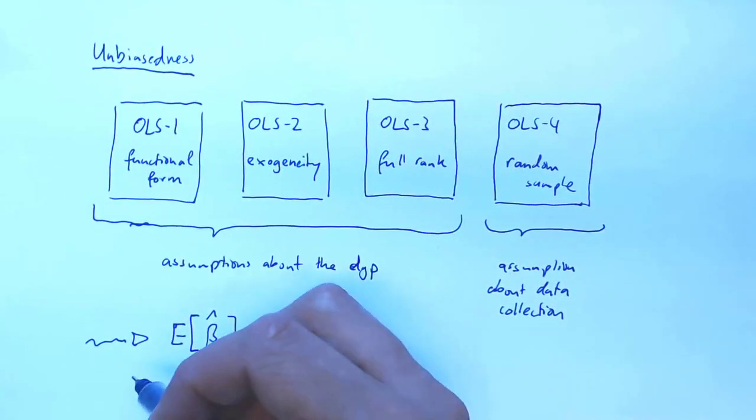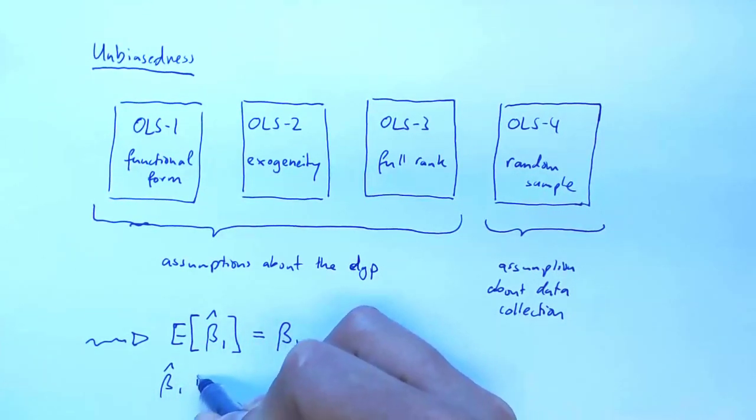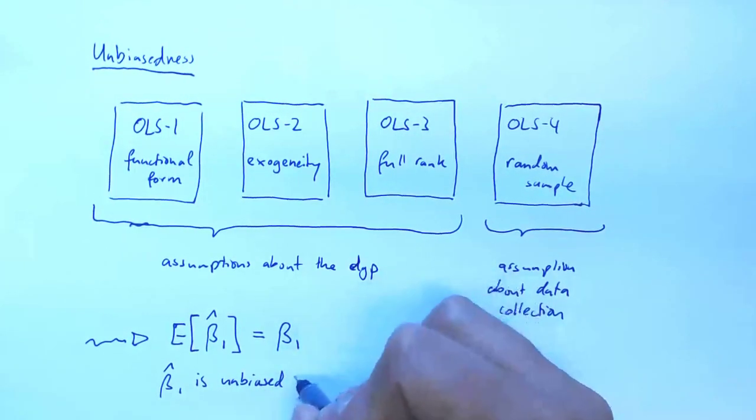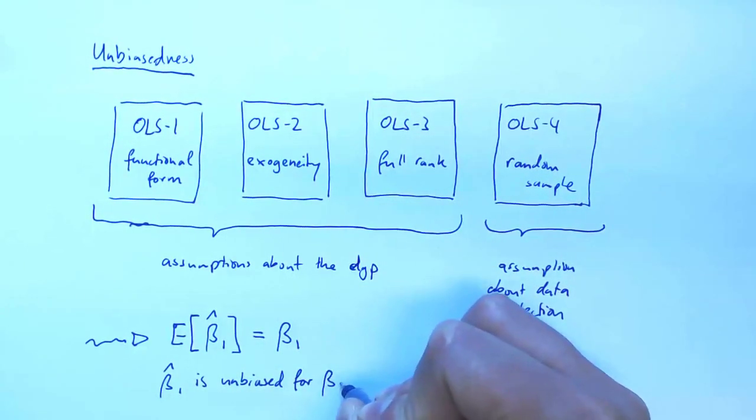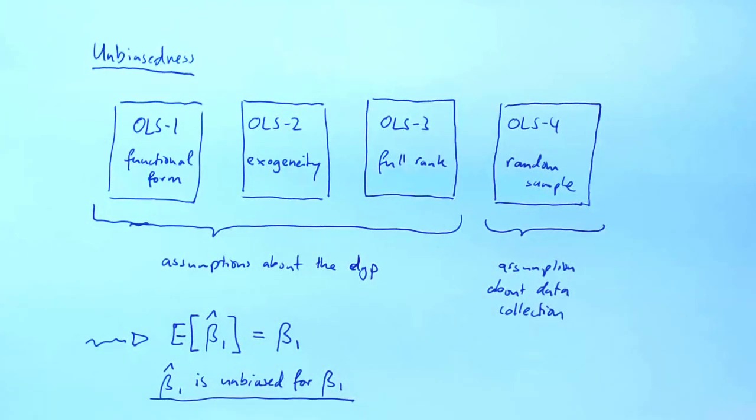So this is called beta 1 hat is unbiased for beta 1.